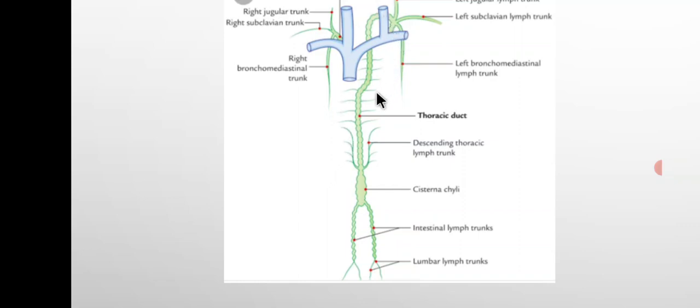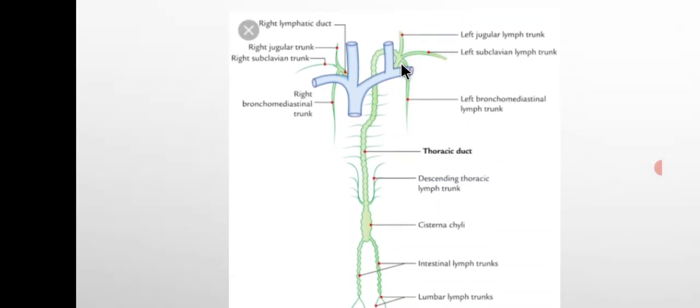Then in the thorax, this thoracic duct receives lymph from posterior mediastinal nodes and small intestinal nodes. Then at the level of the neck, it receives lymphatics from the neck.